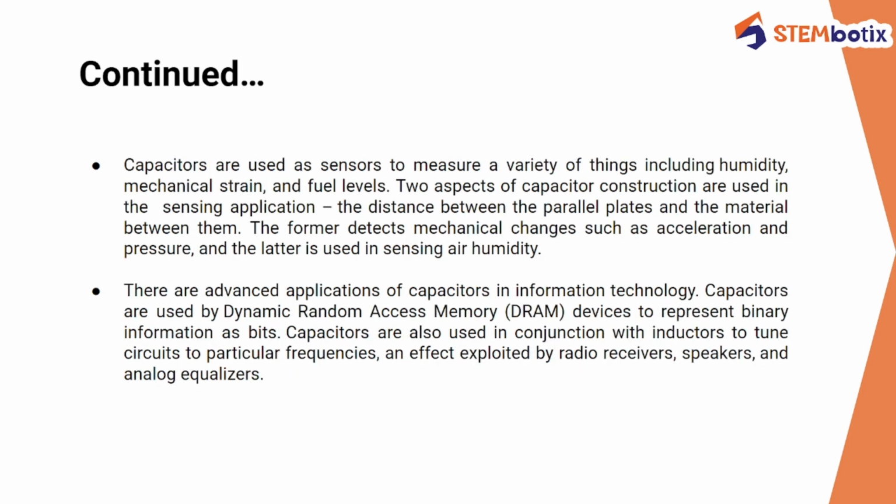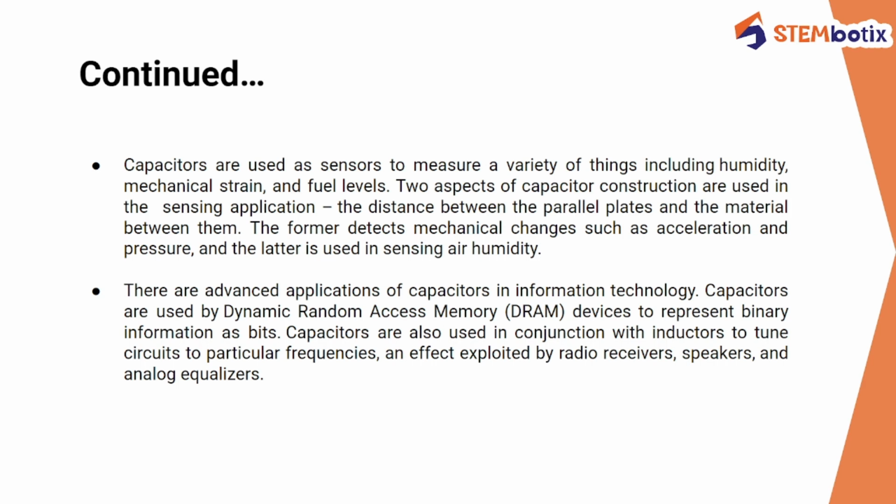Also, capacitors are used as sensors to measure a variety of things, including humidity, mechanical strain, and fuel levels. Two aspects of capacitor construction are used in sensing applications. The first one is the distance between the parallel plates, and the other one is the material between them. The former detects mechanical changes such as acceleration and pressure, and the latter is used in sensing air humidity.